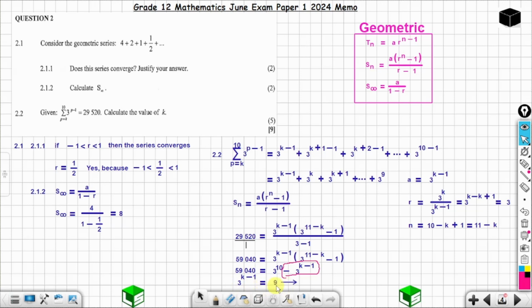You can write 9 as 3 to the power of 2, so that you have the same bases. So when the bases are the same, you can equate your exponent. So you have k minus 1 is equal to 2. Now you need to find k. So k is equal to 2 plus 1, which is equal to 3.